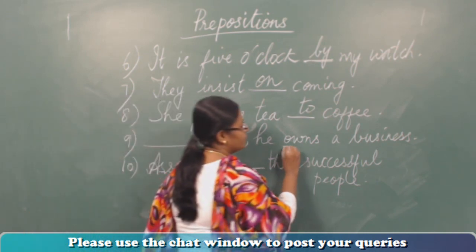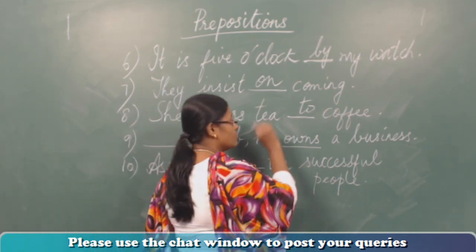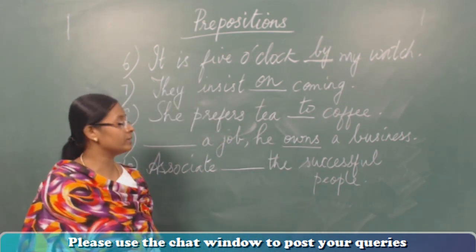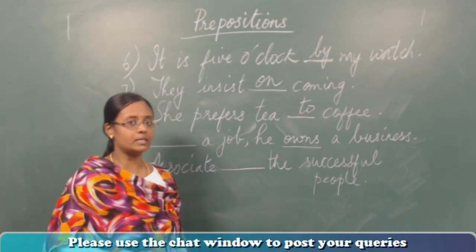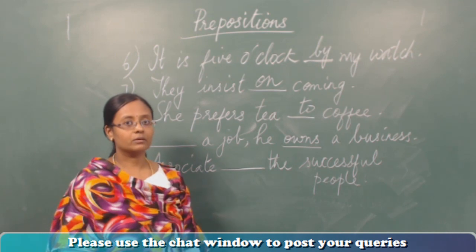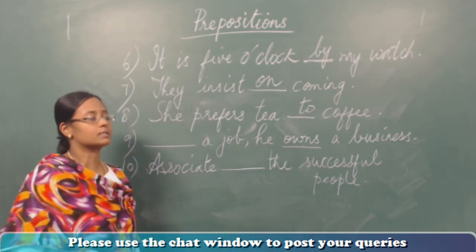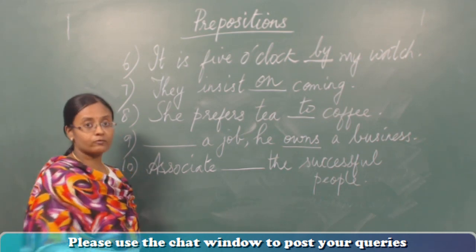If the verb here is owned instead of owns, then what you said is right, probably. Before a job, he owned a business, right? That way the sentence will mean right. But now you see the verb in the present tense, he owns. So you cannot use before.